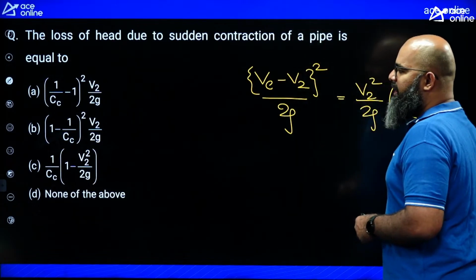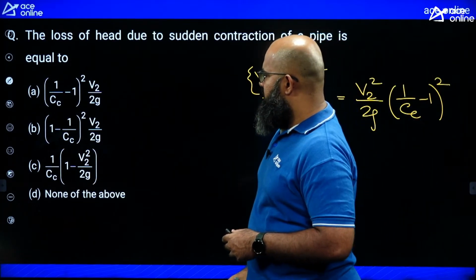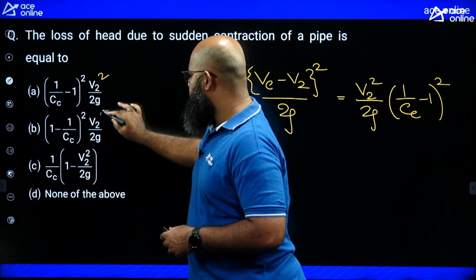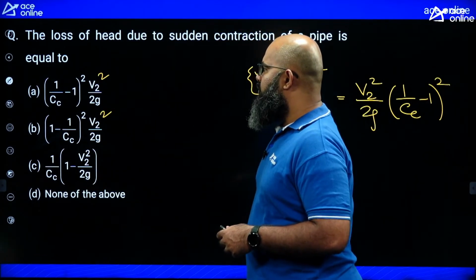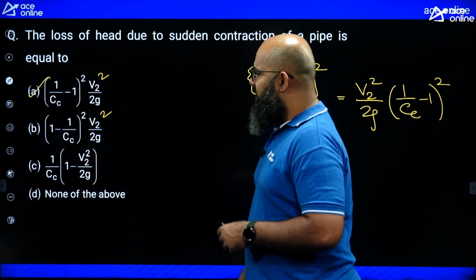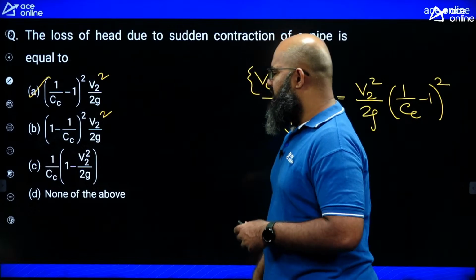So, V2 square by 2g should be there, multiplied by (1 by Cc minus 1) whole square. That way option A is correct. If the square is not there, you can choose none of the above.